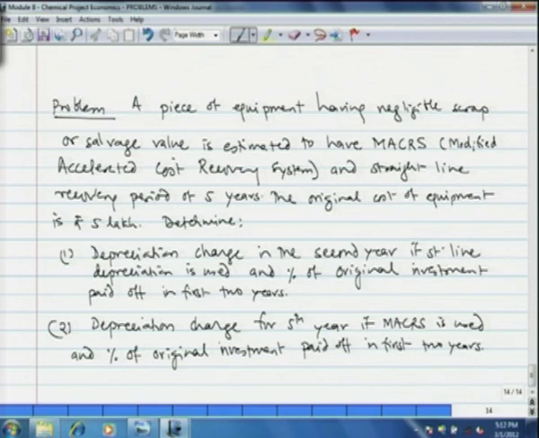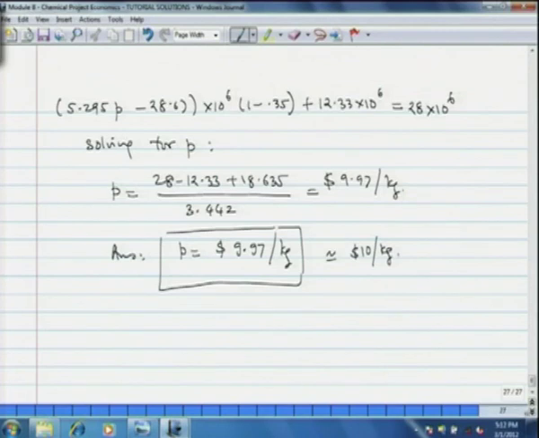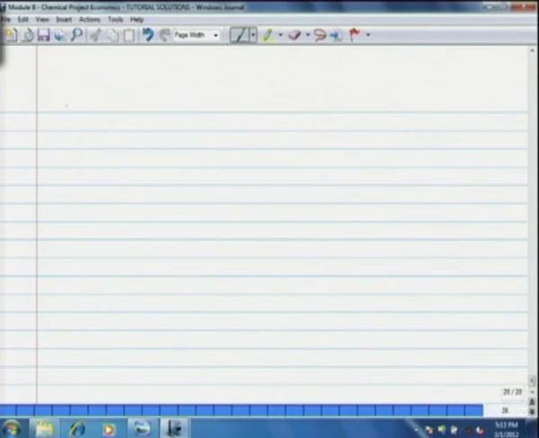So this is a problem statement. Let us see now the solution. We have a 5-year property with original cost of rupees 5 lakhs.